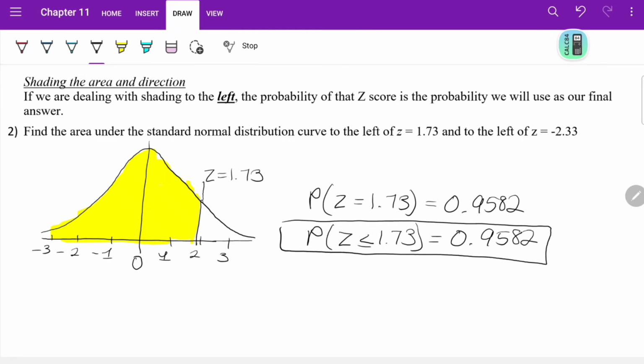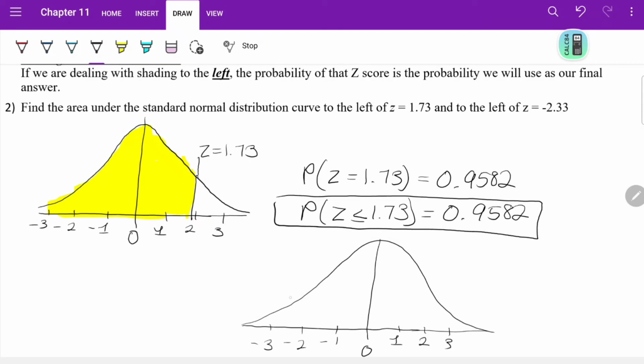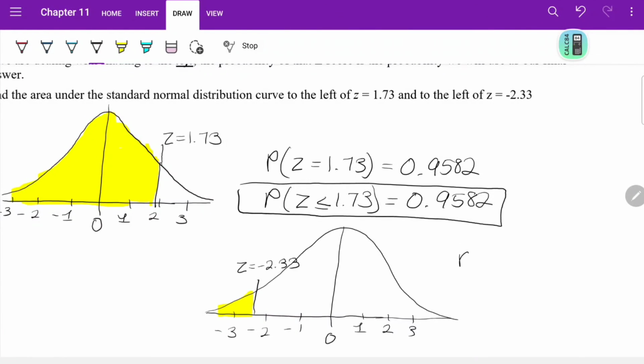Same process for the next one. To the left of negative 2.33. So let's reconstruct the bell-shaped curve. Negative 2.33 will fall right about here, and we're shading to the left. Let's find the probability of z equals negative 2.33 on the standard normal distribution curve, or on the table.